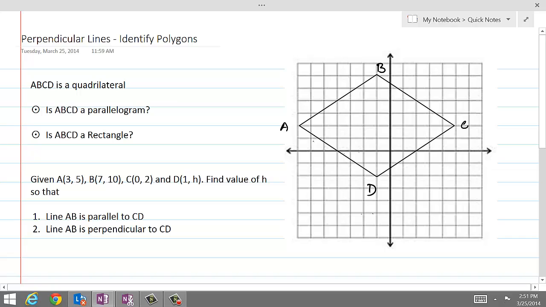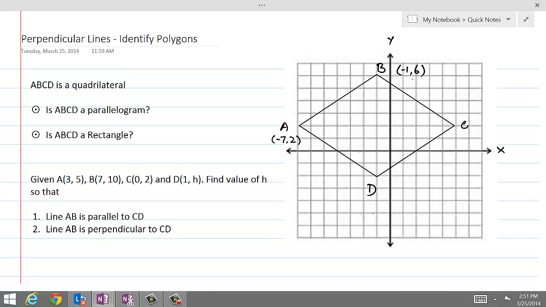Here A is 7 units to the left of the y-axis and 2 units above the x-axis. Therefore, its coordinates would be -7 and 2, because this is the x-axis and this is the y-axis. And coordinates for B are -1, 6, because B is 1 unit to the left of the y-axis and 6 units above the x-axis.